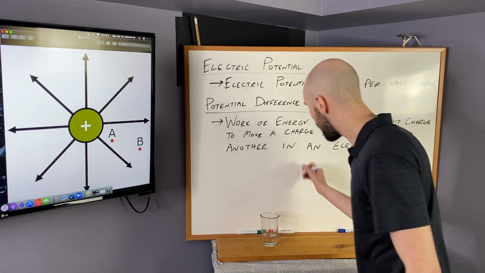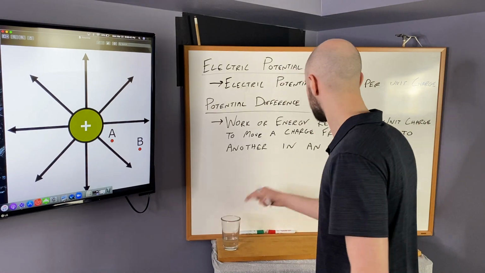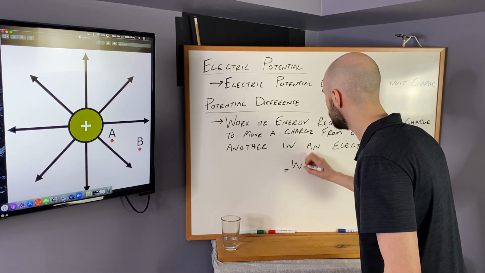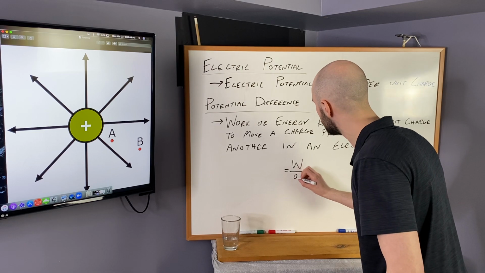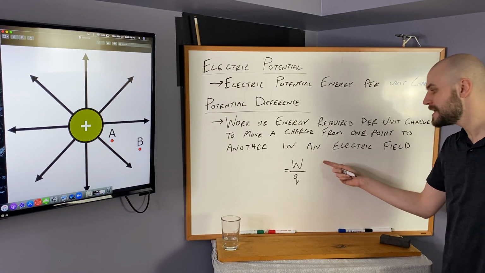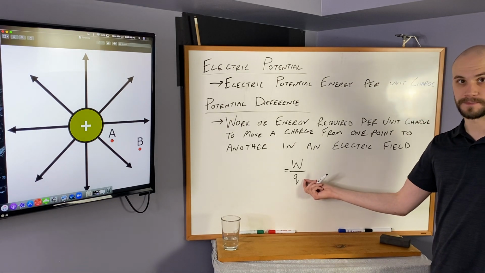Okay, so we're looking at those two locations, the work energy per unit charge. So our equation is the work or energy per unit charge. How much energy we require if I were to put a charge there, okay?